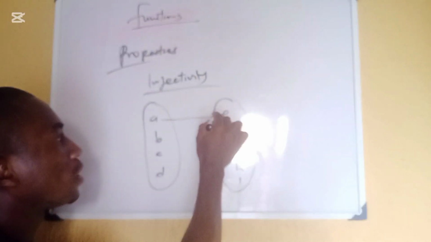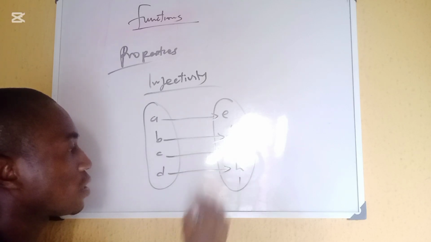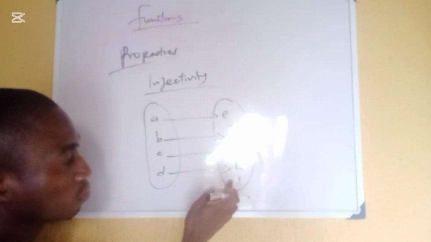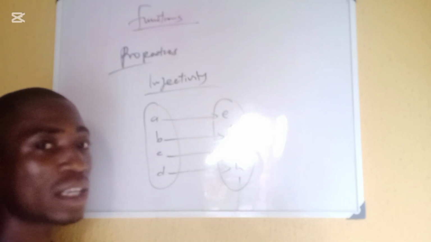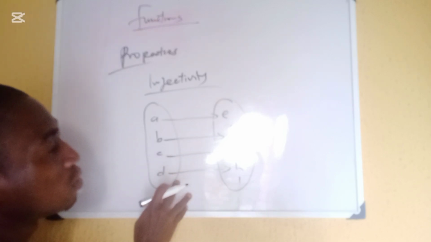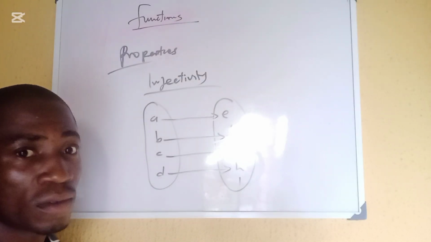Now, we can have A assigned to E, B assigned to F, C assigned to G, D assigned to H. But I is left out. There is no input value assigned to it. So in that case, the function that describes this relationship is said to be injective.